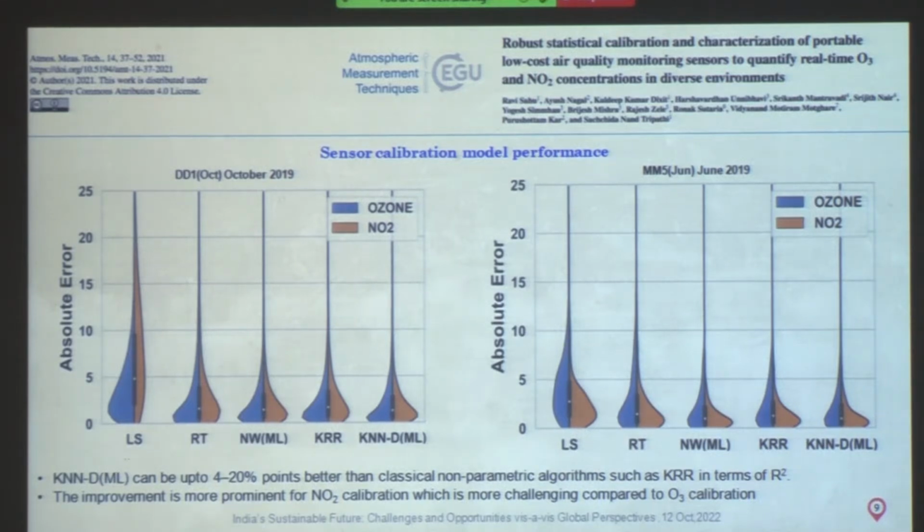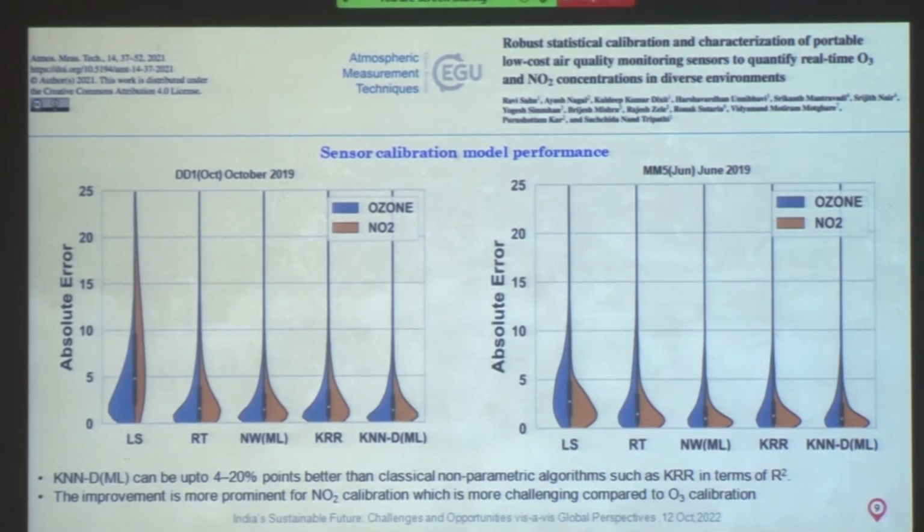By looking at these violin plots, you see that by making use of several machine learning techniques, the accuracy of NOx and ozone, two very important pollutants which are dangerous for human health, can be significantly improved and the error can be brought down. If you look at the last violin plot, the error can be brought down to about 10%.